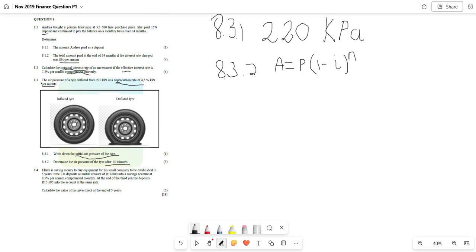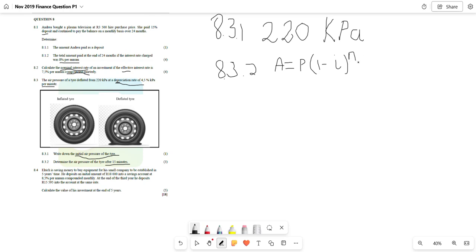Since we are talking about the real life situation of depreciation, P can be the cost of an item before it depreciates, and A can be the cost of an item after depreciation. Then n and i remain the same, but n in this case will be the depreciation per minute.